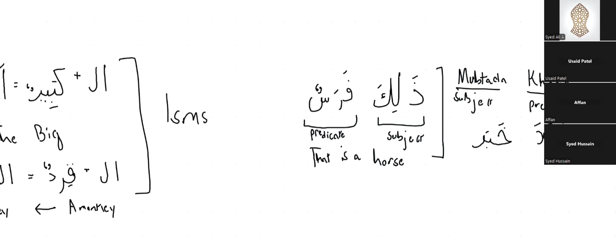That is a horse. And this makes a full sentence. A sentence in Arabic is called a jumla. Let me spell it out for you.